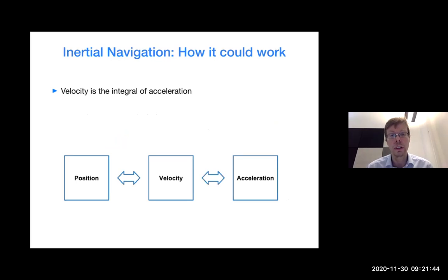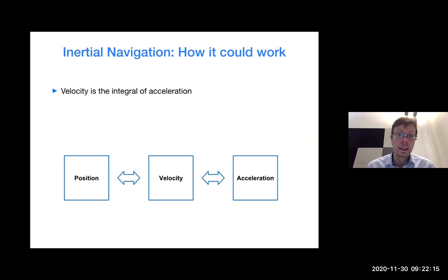But let's first start from inertial navigation. So let's assume that we just have the accelerometer and gyroscope and we don't yet have a video camera. So this basic principle for inertial navigation is an old one and it has been used in many applications, for example, in submarines or aerial vehicles for a long time.